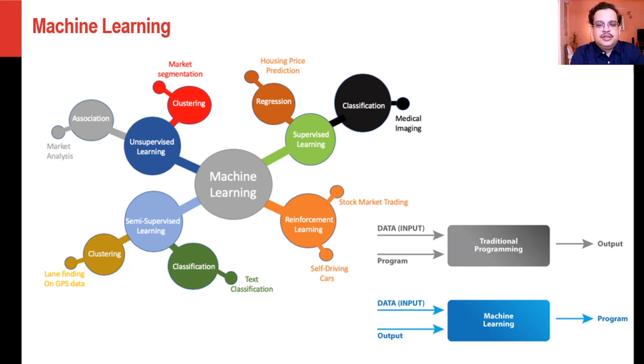Whereas in machine learning we have legacy data which shows the behavior of the system that we are trying to learn. So you have the output data already from a real system, and machine learning tries to learn the program or the function which can then explain the output for the given input. So the idea is to learn the function that fits the output data with respect to the input data, and our objective is to learn that function.